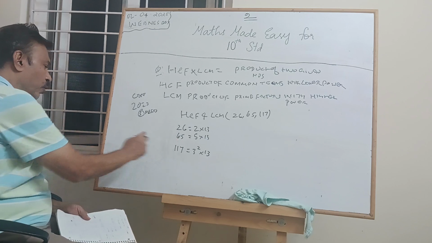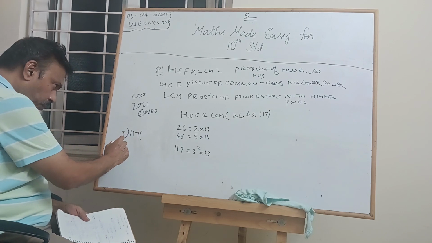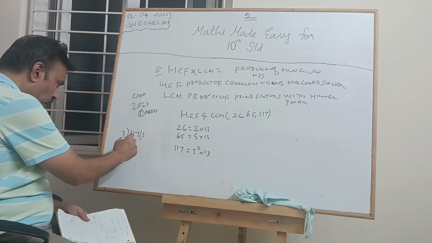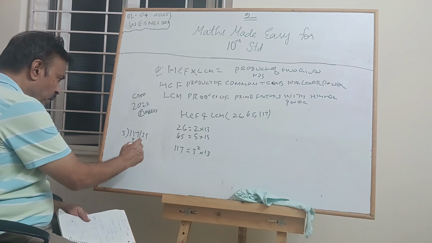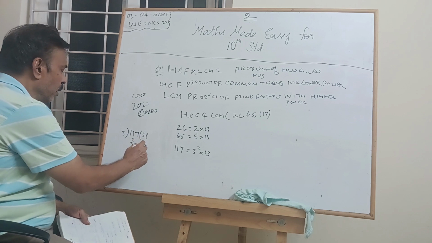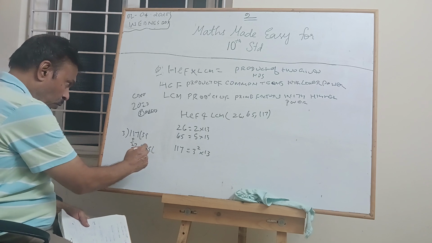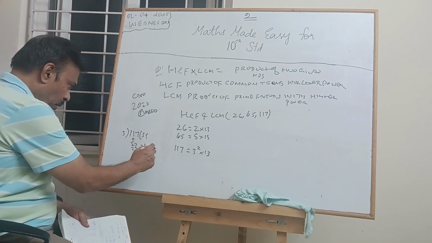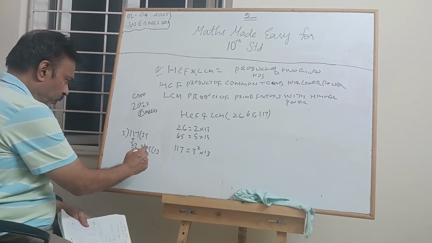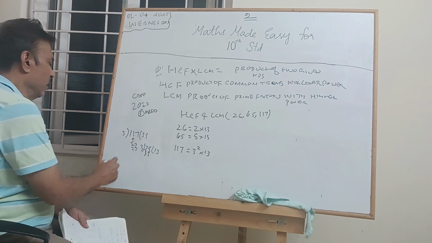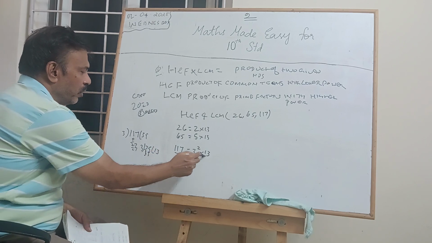I'll show: 117, first divide by 3, 3, 9, 27, so 39. Again this 39 by 3 is 13. So this 117 is 9 into 13.